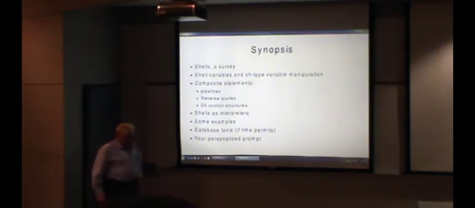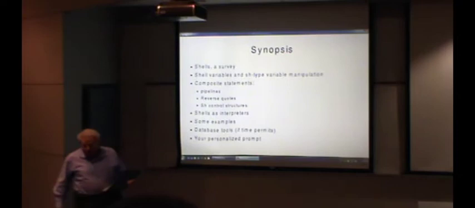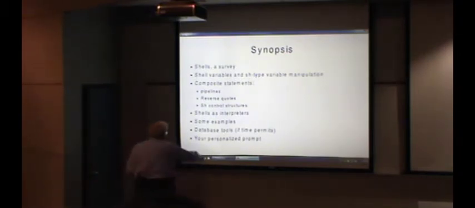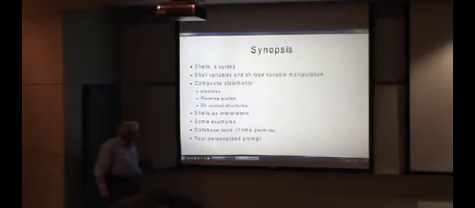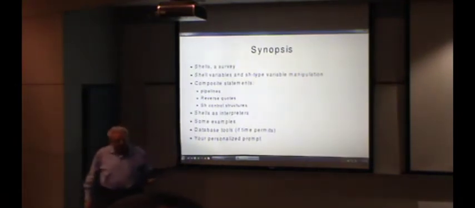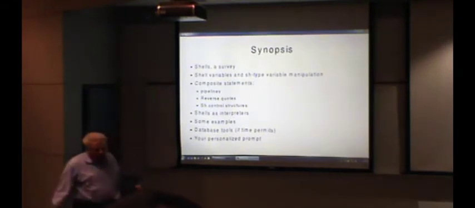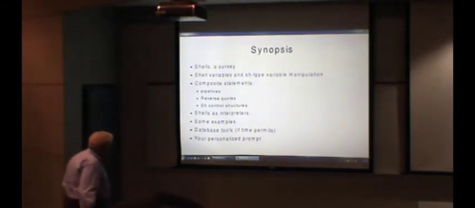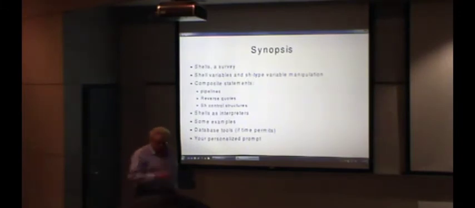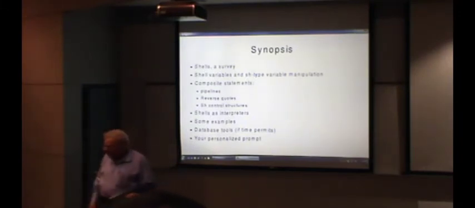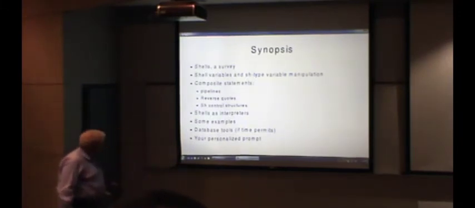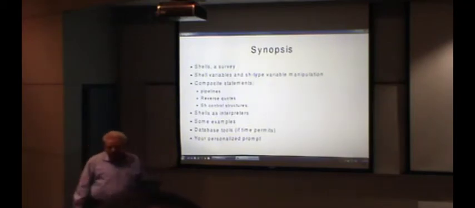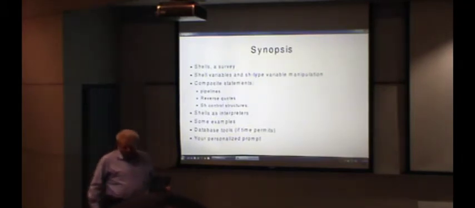Then I'm going to talk about shells as interpreters, because everything we're going to do is going to be interactive up to this point. I will see whether we have time for some examples, how to use some of the commands available at the shell level as database tools, although you probably have an idea by then, and maybe talk a little bit about personalizing your prompt.